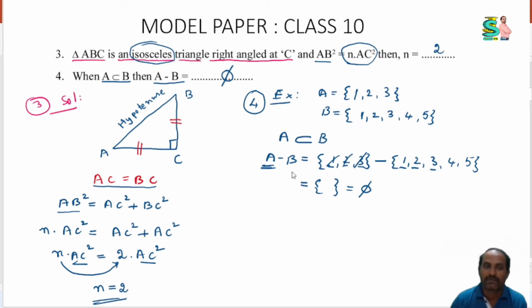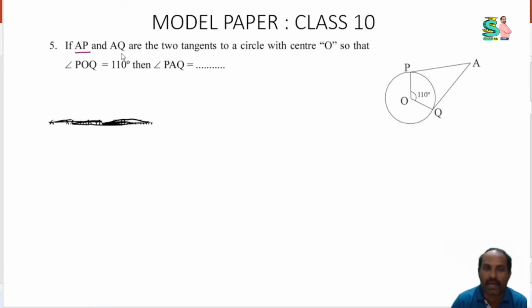Okay. Next question, the fifth one. AP and AQ are two tangents, that's why these two are equal, to a circle with center O, and angle POQ is given as 110 degrees. Then angle PAQ is equal to?